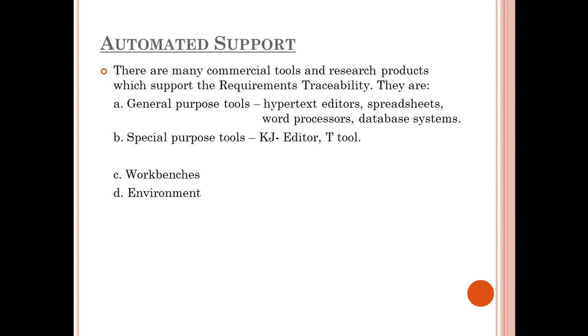Generally, general purpose tools deal with how they can be configured to allow previously manual and paper-based tasks to be carried out online. The next automated support is special purpose tools, and some examples are KJ editor and T-tool. KJ editor provides traceability between ideas and requirements, and T-tool provides traceability between requirements and test cases.